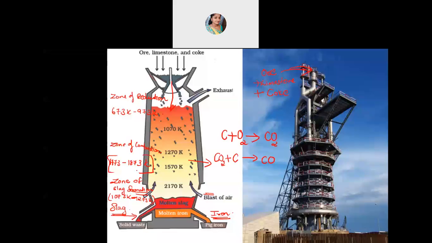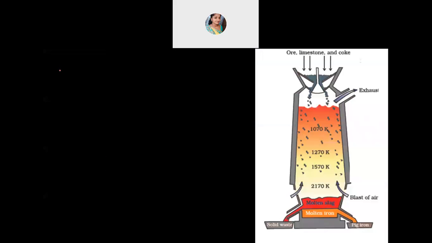Okay. So the first thing, I want you all to write down like this. Write down first the zone of combustion. I'm giving you according to the reaction, not according to the temperature here. So in the zone of combustion, the coke combines with the oxygen and gives you carbon dioxide.